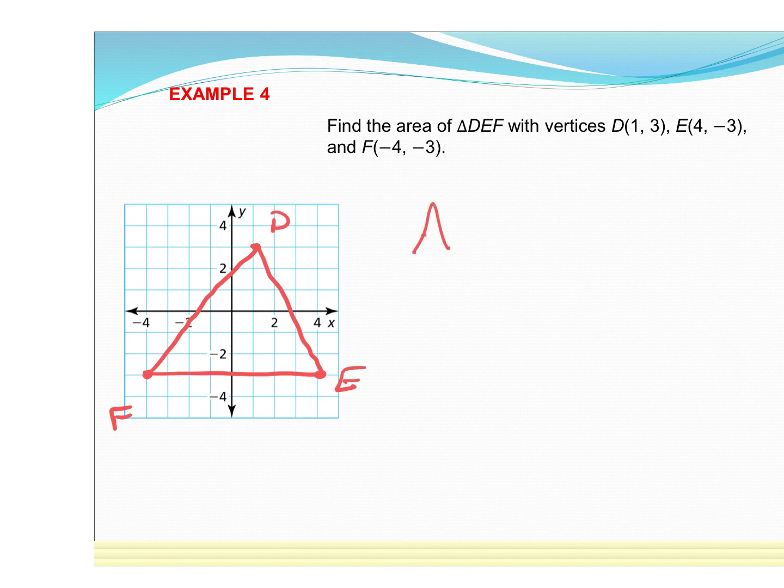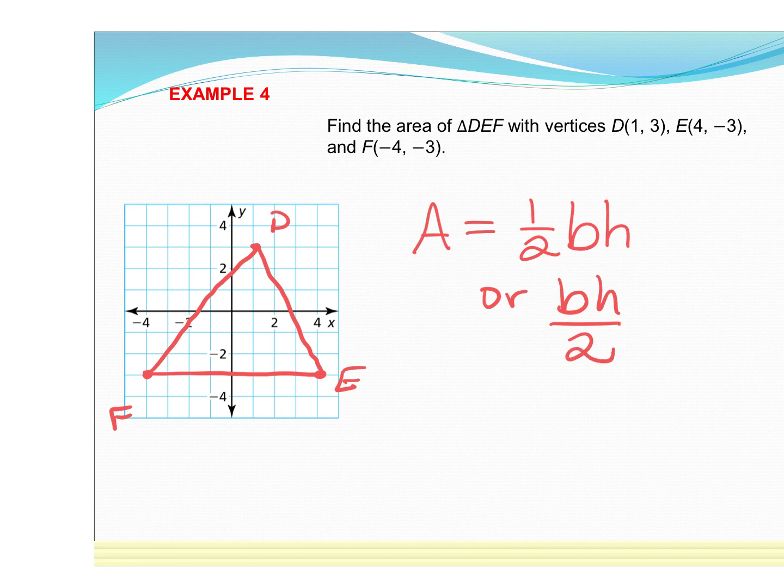So remember your area formula, 1/2 base times height, or base times height divide by 2. So in this picture, my base is down here at the bottom. This is my base. Now the height of the triangle is not DE or DF.